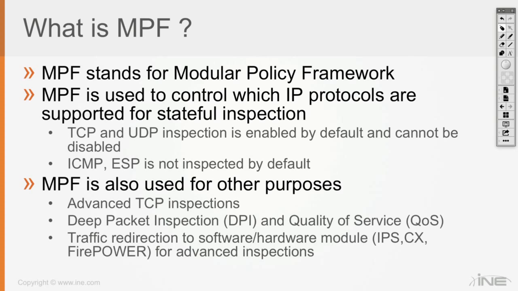So if you want the ASA to perform some advanced inspections of type IPS or CX or Firepower, you will redirect that traffic flowing to the ASA via the MPF engine to those modules.